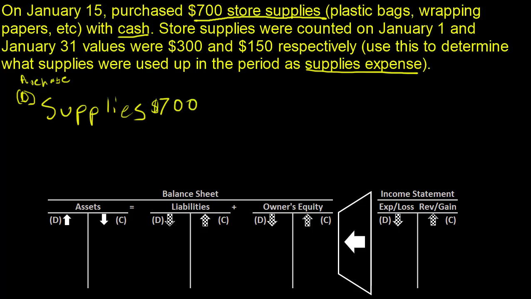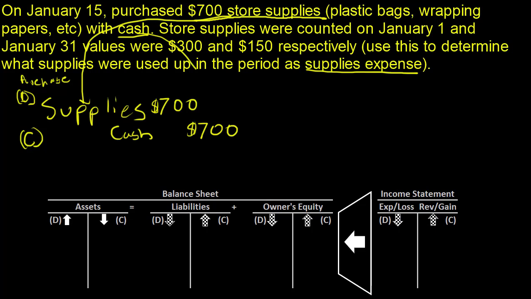And then our credit right here is going to be for cash, because cash is going out for these supplies and we paid for it in cash of $700.